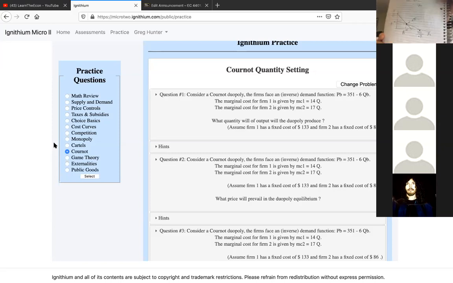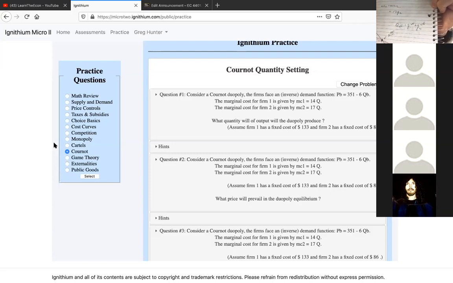That tells me that firm 1 will produce this quantity of output, firm 2 will produce that quantity of output, and then the industry quantity, obviously you'll add up the Nash equilibrium quantity for both of the firms.